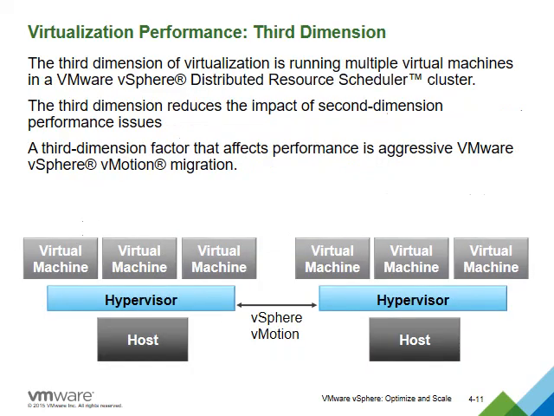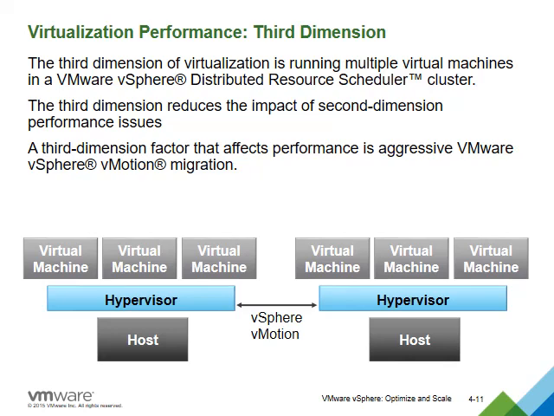Now, when looking at the third dimension of your virtualization, you'll notice you have your DRS scheduler, or distributed resource scheduler cluster, and you can pool the CPU and memory resources of multiple hosts, so virtual machines are no longer tied to a single host.